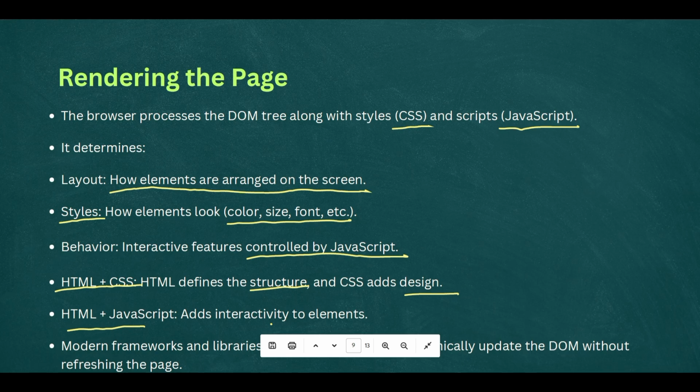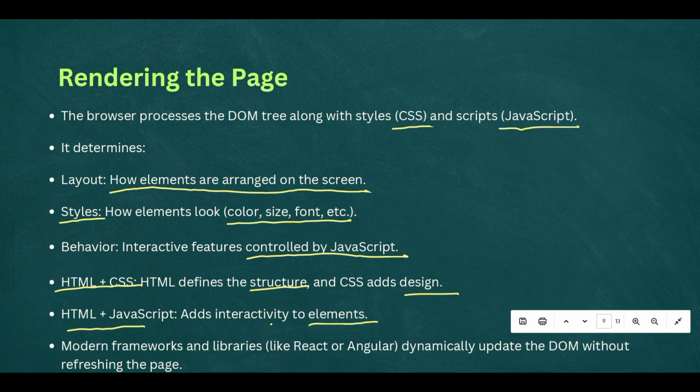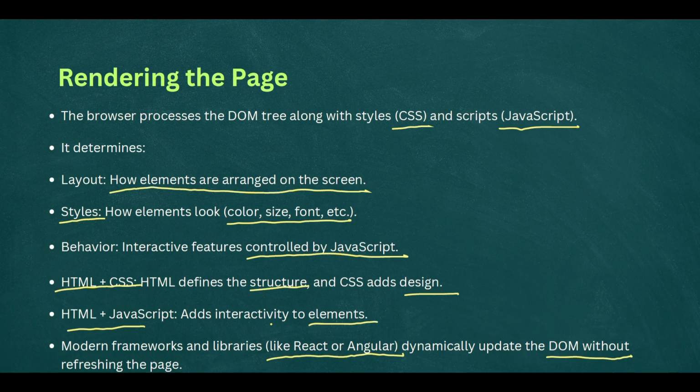We also have some modern frameworks and libraries, like React, Angular, Vue.js. They dynamically update the DOM without refreshing the page. These are the features of a single page application. This is some advanced thing that you will learn in the future.